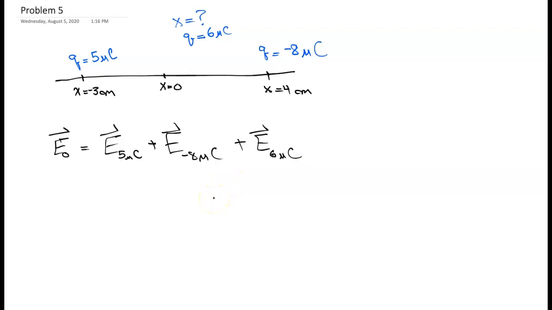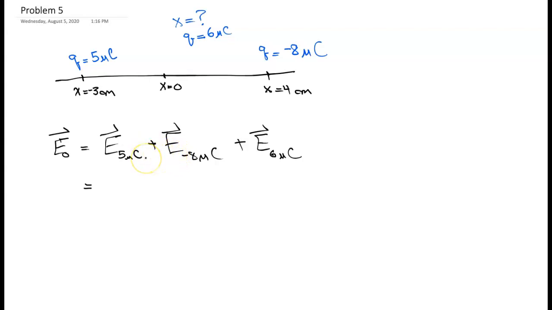And if we assume that the electric field for the 5 microcoulomb is in the positive x direction, then the electric field for the negative 8 microcoulomb charge is going to be in the opposite direction.